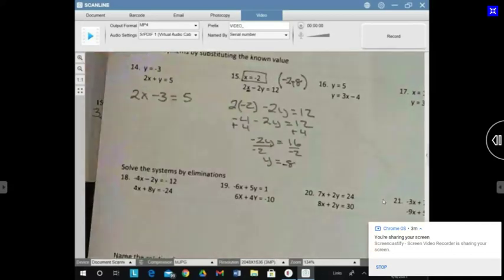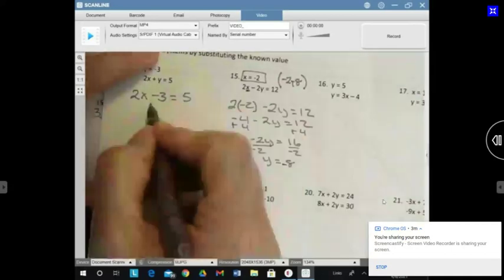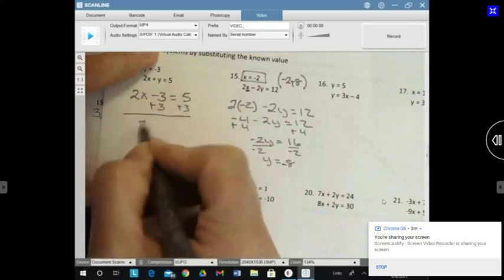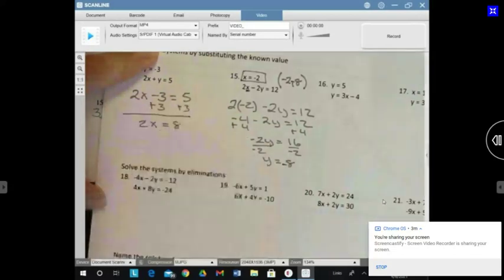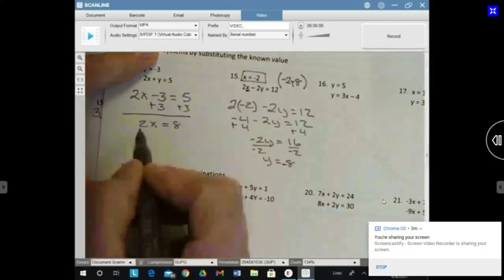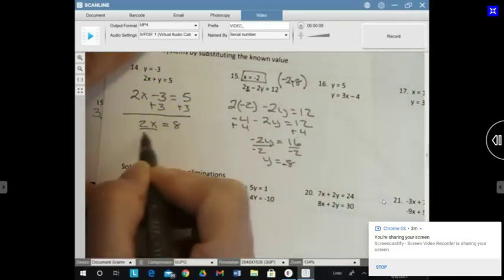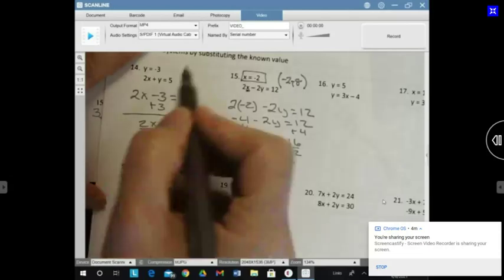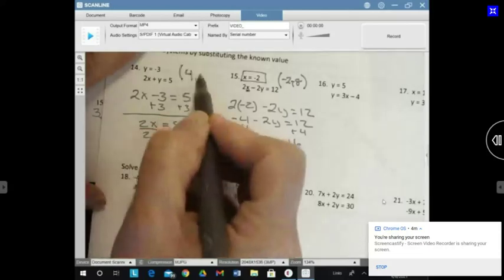Add that 3 to both sides, and 2x is equal to 8. Divide by that 2, and x equals 4. So my solution is 4 and negative 3.